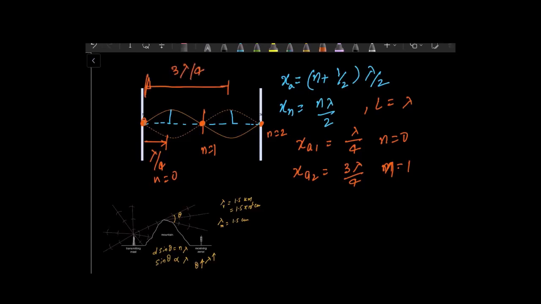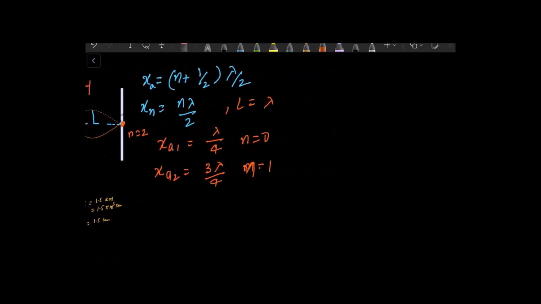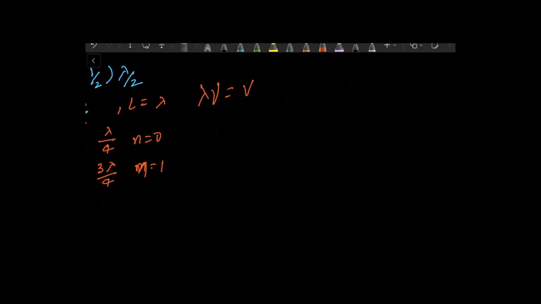Now wavelength and frequency are related through the relation lambda into frequency is equal to v, where v is the speed of the wave along the string. So when the frequency is doubled, the wavelength is halved. So the new wavelength lambda dash is equal to lambda by 2.